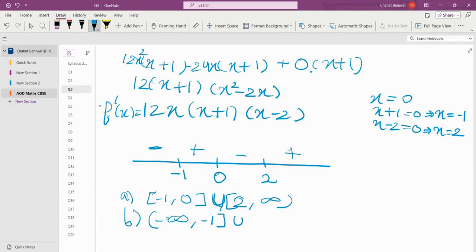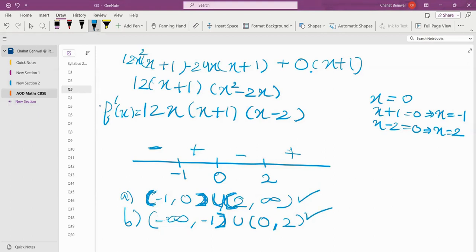I think we should not include minus 1, because minus 1, 0, so it's closed only. Union 0 and 2. So here the function is going to be decreasing since f dash x is negative in this interval. So through this method we'll get a rough idea what our correct answers are.